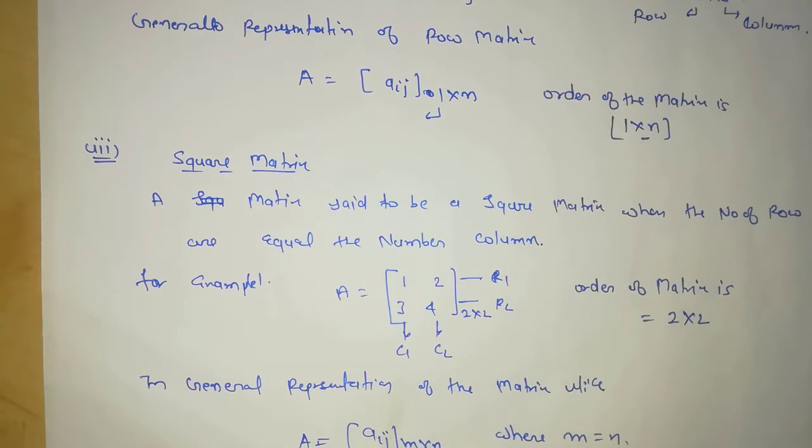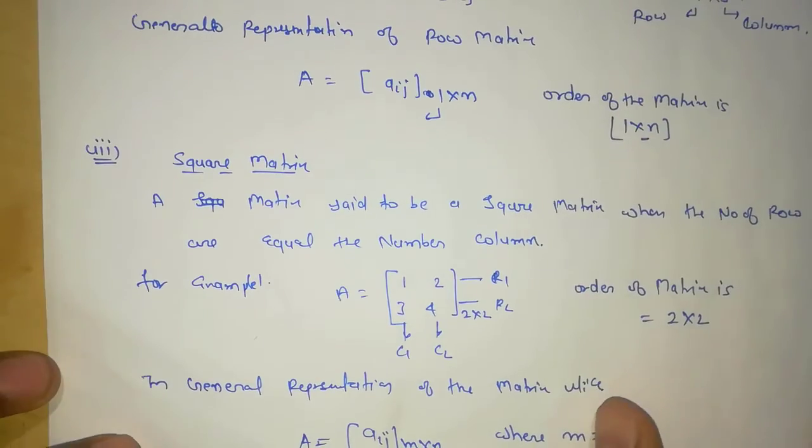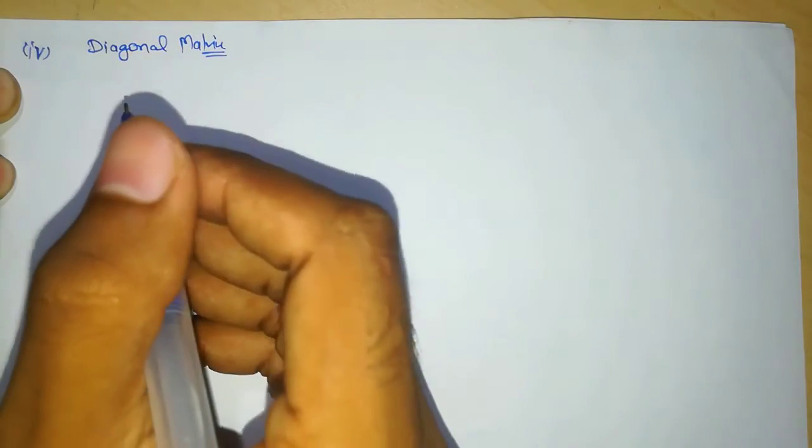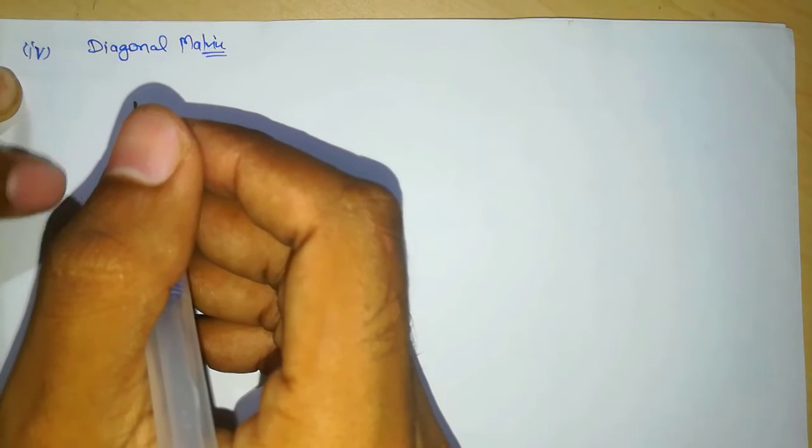Now the next matrix is the diagonal matrix. Number 4 is the diagonal matrix.